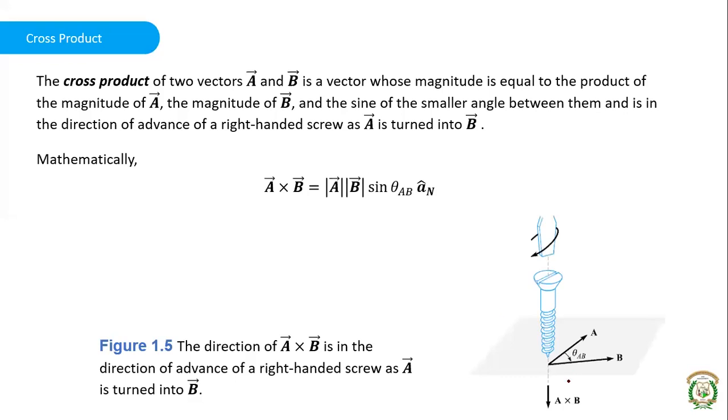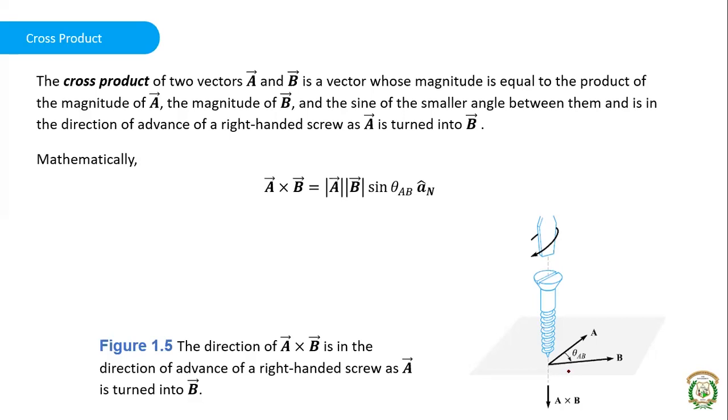So this is that right-handed screw, as we have seen. These are two vectors, vector a and vector b, and the angle between them is theta ab. If you place a screw here and rotate it from a to b, in which direction does the screw advance?